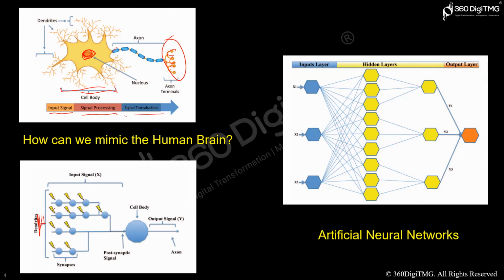For the dendrites, the input is given into the dendrites and synapses. These are all the data points or the objects that it takes into consideration, or the input signals, for example, a chair, a bird, anything it might be. And then this is a post-synaptic signal of the cell body, and this is the output signal, that is the axon.